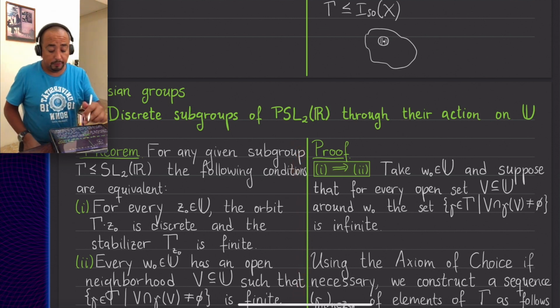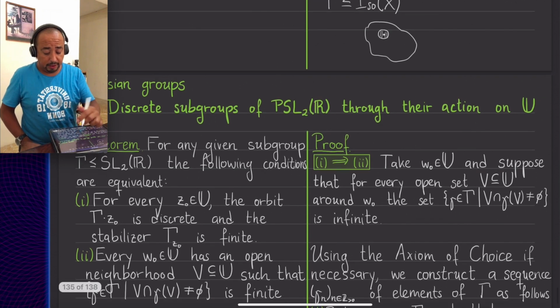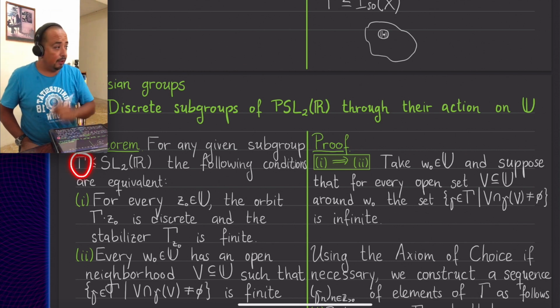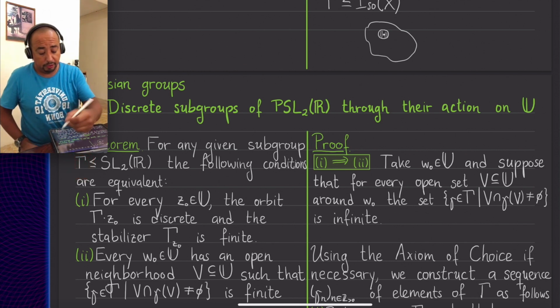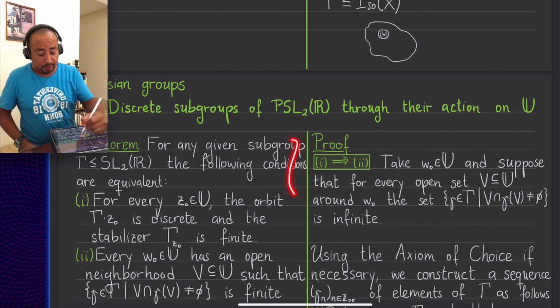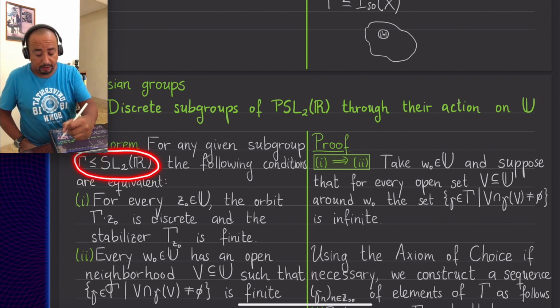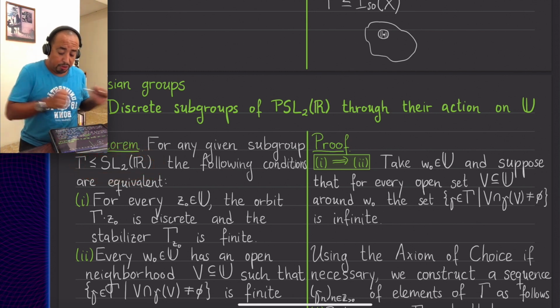Later on, we're going to see that these two conditions are also equivalent to the subgroup gamma being discrete. And we are going to see also that in this theorem, it doesn't matter if we take the subgroup in SL2R, or if we project to PSL2R.